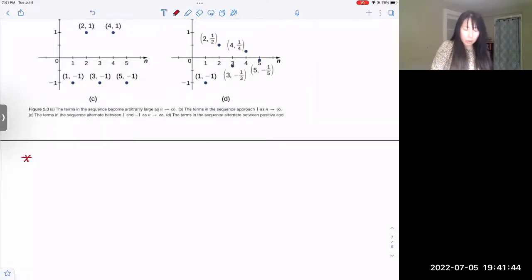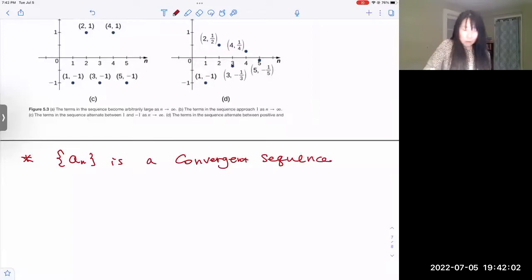So we have a convergent sequence, and L is the limit of the sequence.